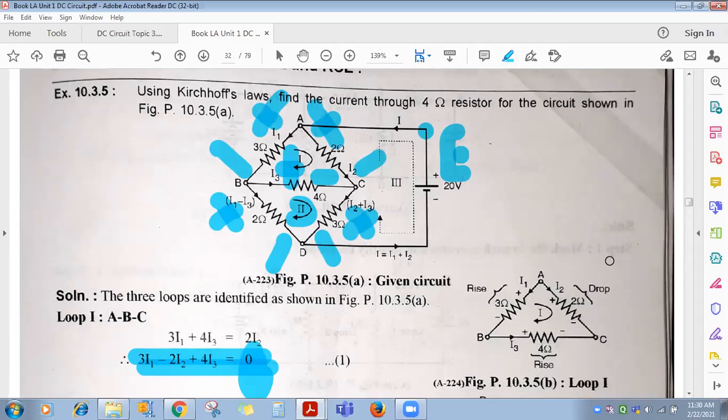So out of 5, any 3 you can select. Got it? This one is the fourth one, and the inner one, only 5 are there. Right?